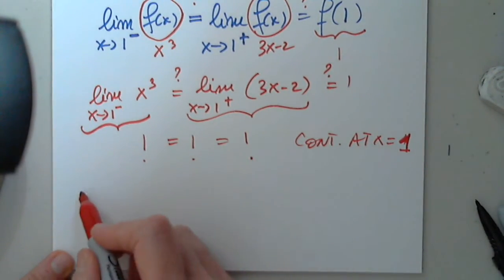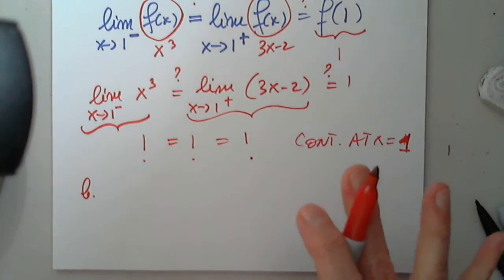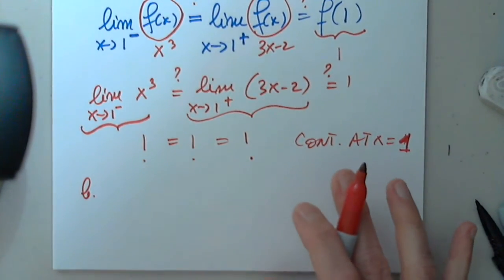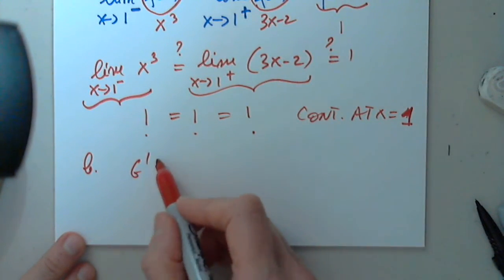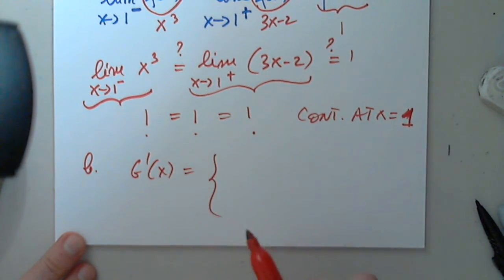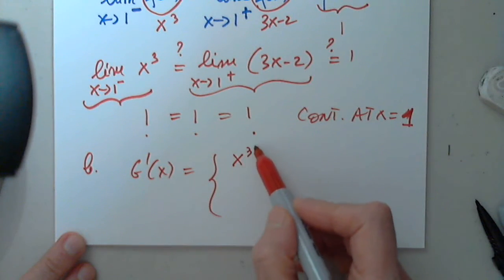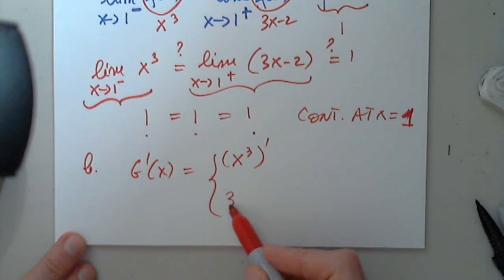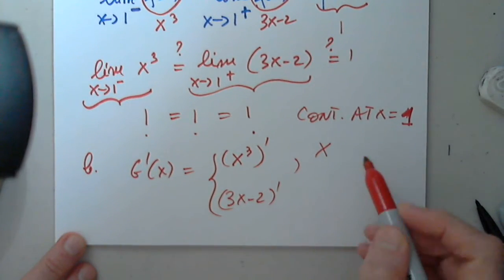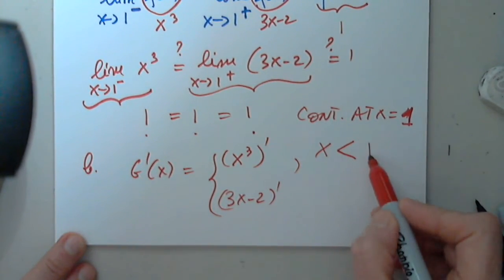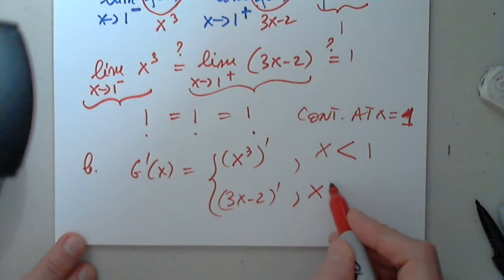Good. So now differentiability, this is a little bit more difficult because I have to find the derivative of x cubed. So I have to find g prime. I have to find the derivative of x cubed, and the derivative of 3x minus 2 when x is less than 1 for now, and x greater than 1.